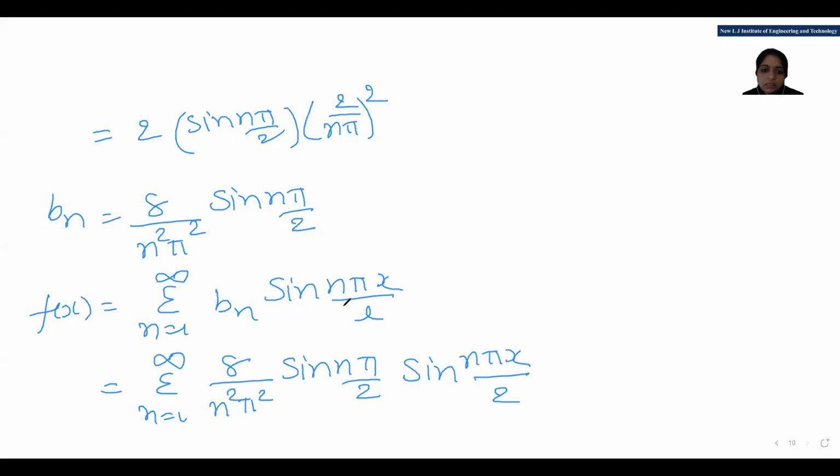Okay, as this L is 2 here. So this is the Fourier series for the given discontinuous function, right?